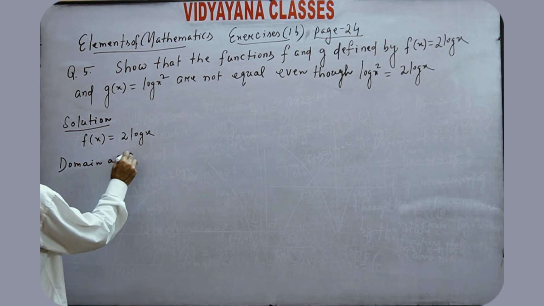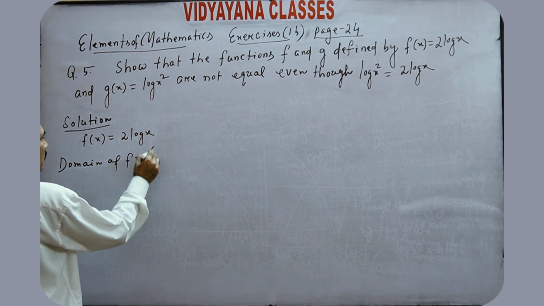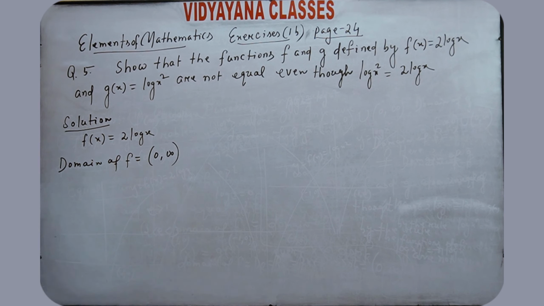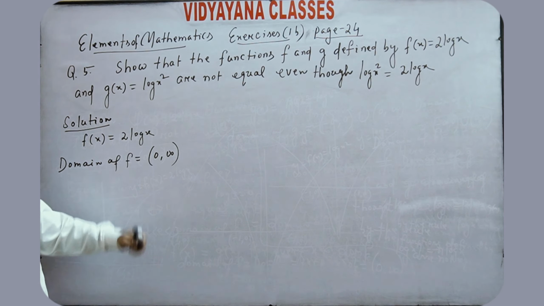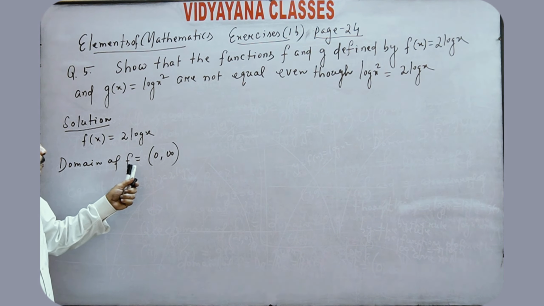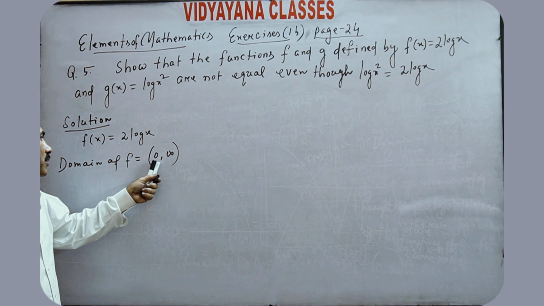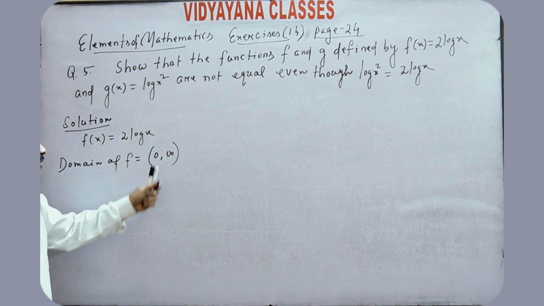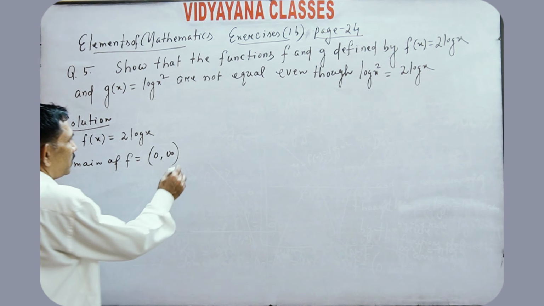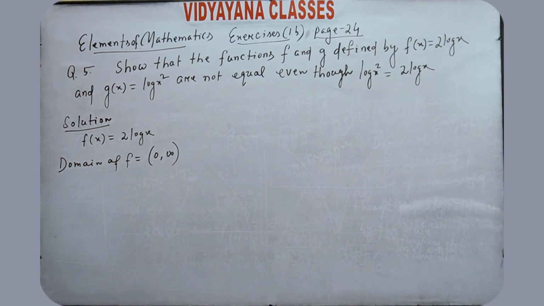Domain of f is equal to open bracket 0 to infinity. That means x greater than 0, less than infinity, which is same as R plus, positive real numbers.